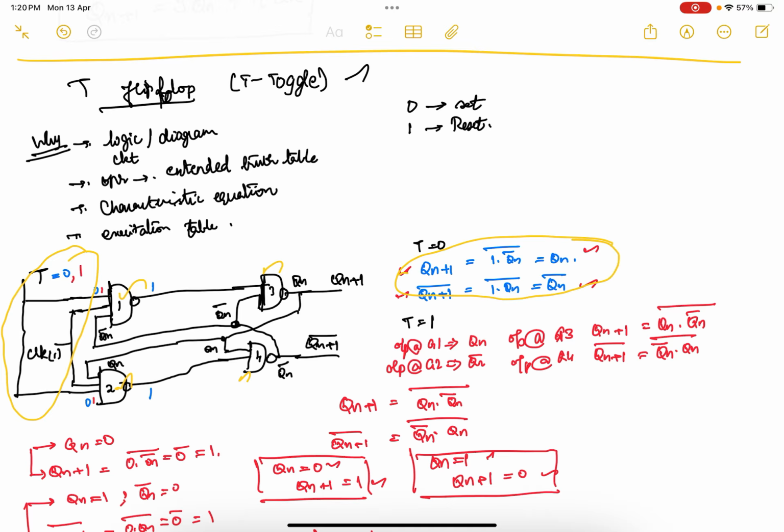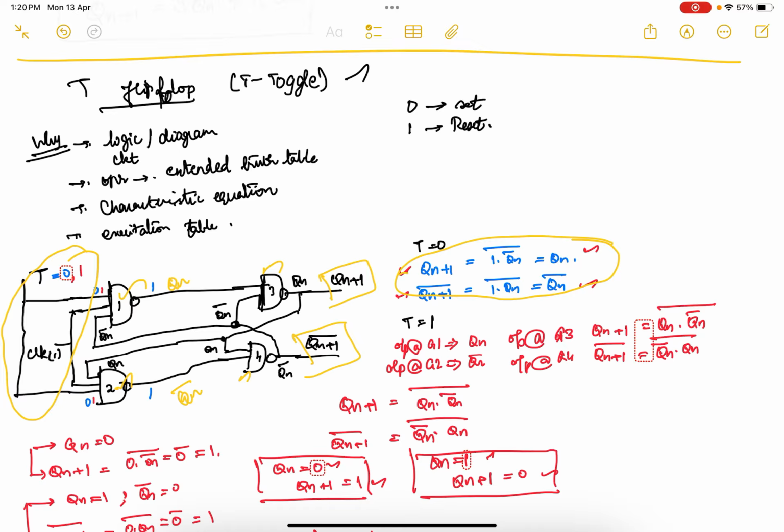So 1 into 1 into qn bar, so here the output will be qn, and the same way at the bottom side also 1 into 1 into qn, at the bottom side you will get the output as qn bar. So here when you talk about your qn plus 1, it will be having qn into qn bar. At the bottom side qn plus 1, it will be having qn into qn bar, whole bar.